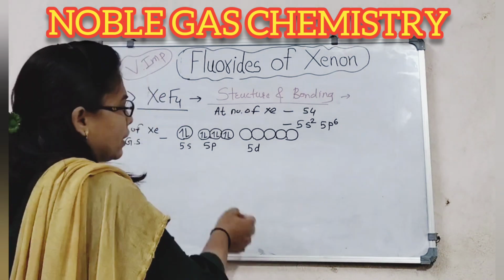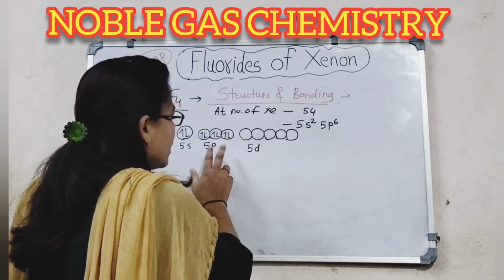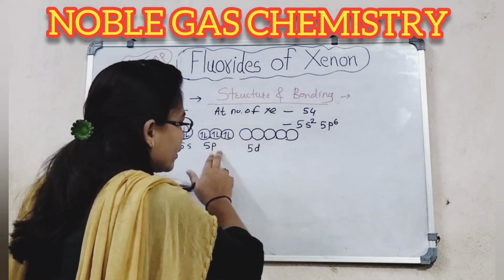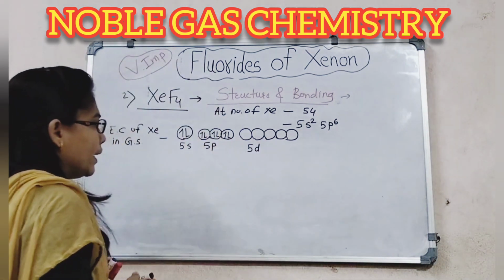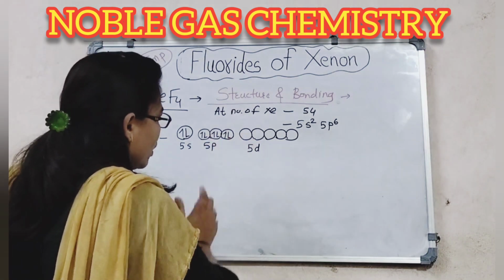By passing an electrical discharge through xenon in the ground state, excitation of electrons takes place from ground state to a higher energy level. Then these two electrons are shifted from p orbital to d orbital.